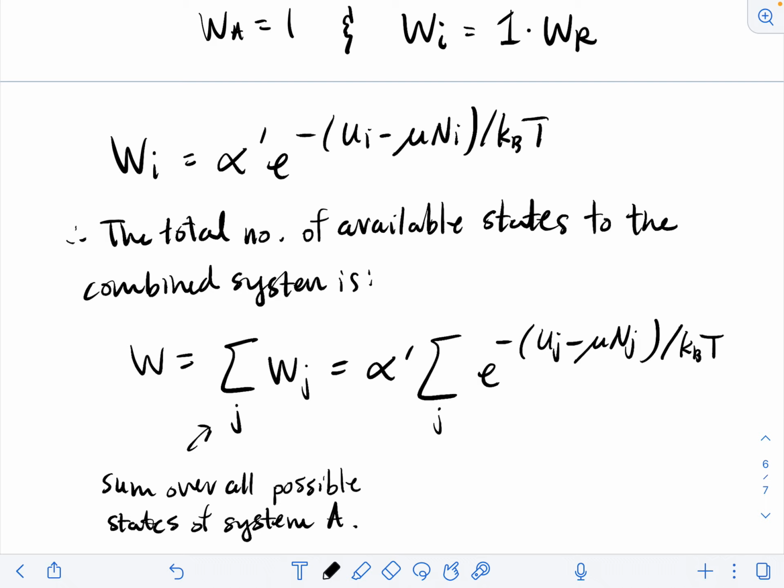So now we have two expressions. One is the number of possible states of the ensemble when system A is forced to be in a quantum state phi I, and the number of possible states for the entire ensemble when system A can be in any state.